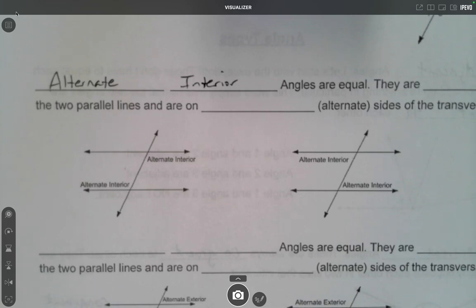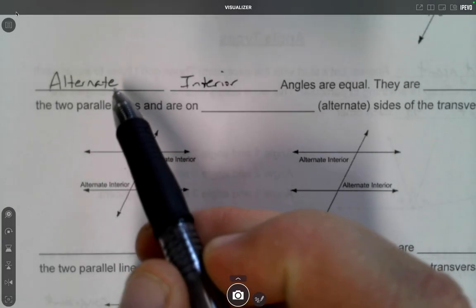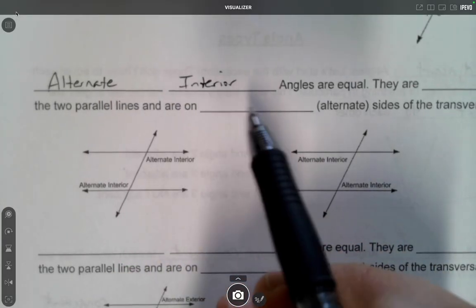So alternate sounds like alternate, means you go from one side to the other. Interior means inside, like the interior of your car is the part you sit in when you're riding on the road. The interior of your house is where your bedroom is, your kitchen, all those things. So alternate means opposite sides or different sides.